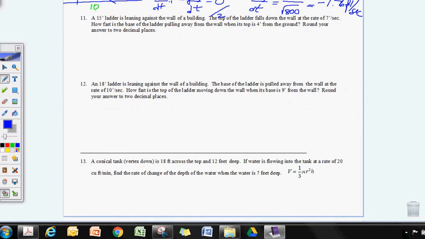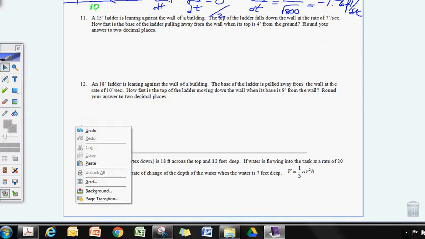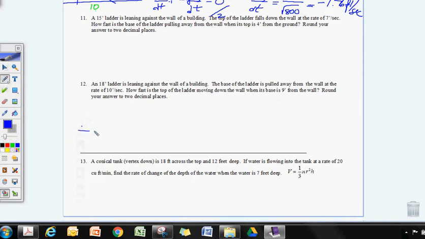And last one, because of space, and I promise you will have more space on your test. This, oops, wrong kind of cone, is a cone vertex up or a cone vertex down. So this is vertex down. They told us that all the way across the cone is 18, so that means the radius is 9, and it's 12 feet deep.